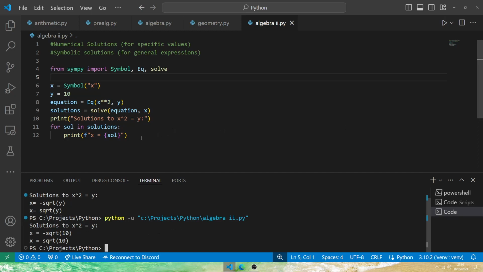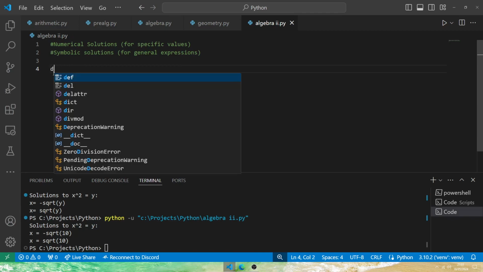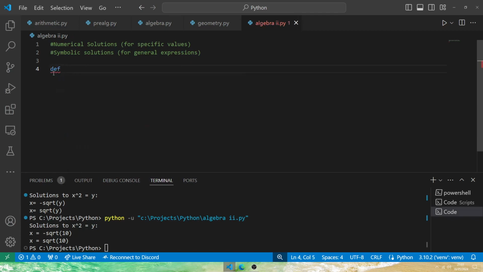And we can create custom polynomial evaluations as well. If we want to evaluate a polynomial for a specific value, we can do so with eval_poly, which stands for evaluate polynomial. It's just a function I'm making for myself. For this, we have to pass in the coefficients and some sort of variable.